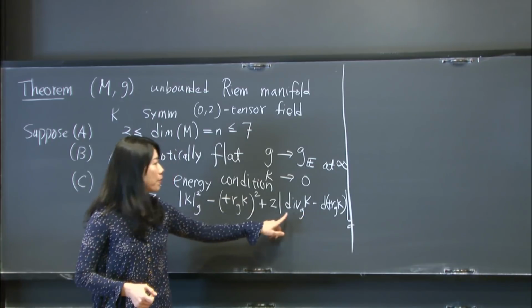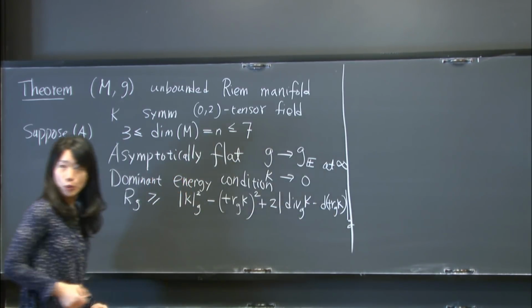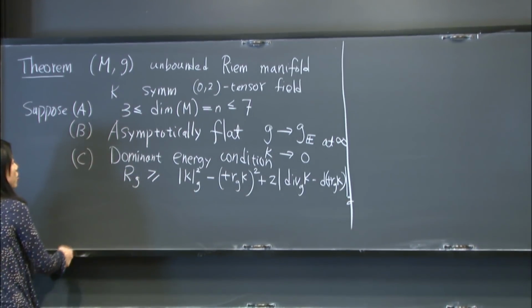And this is the one-form obtained by taking the divergence and minus d of the trace of K, and taking the norm with respect to g. So this is the so-called dominant energy condition.